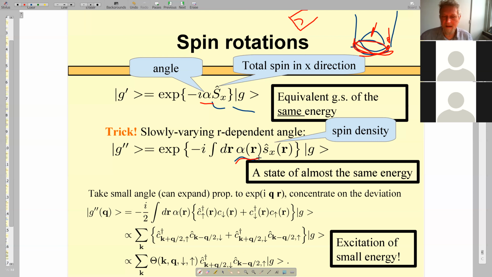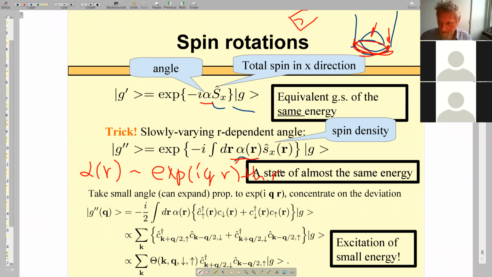Right. And the exponent is too difficult for me. I'd rather expand in terms of small angle. And I take a certain Fourier component of alpha, so it will be in this form, plus complex conjugated, of course.